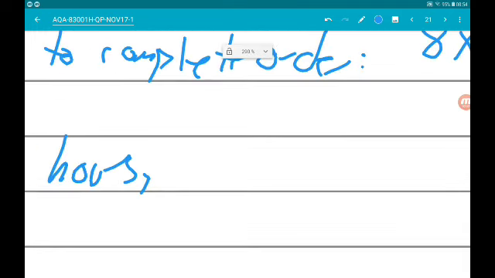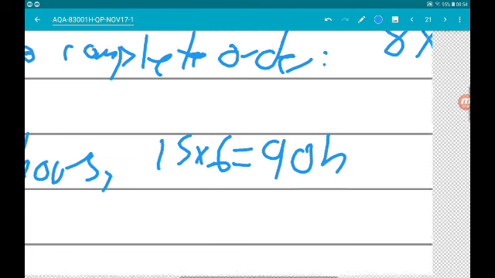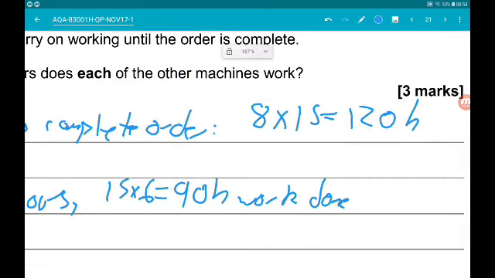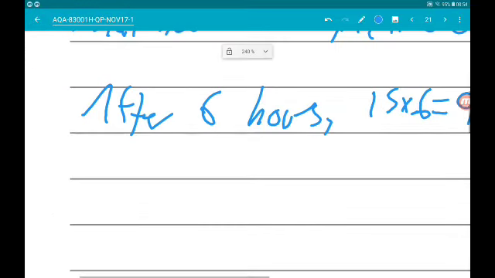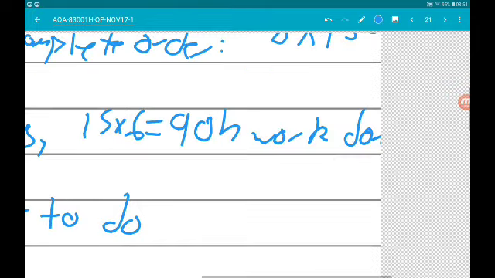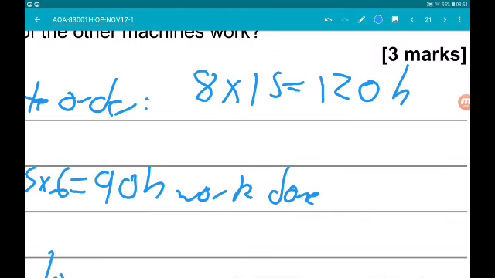So 15 times 6 is 90 hours of work done. So there's 30 hours left to do. Because we've done 90 hours of it, but there's 120 hours in total.